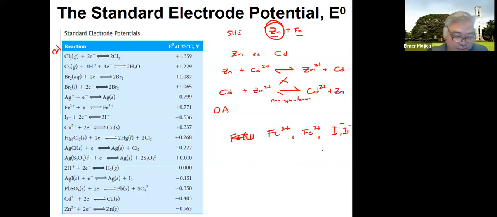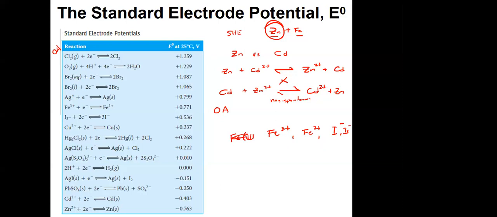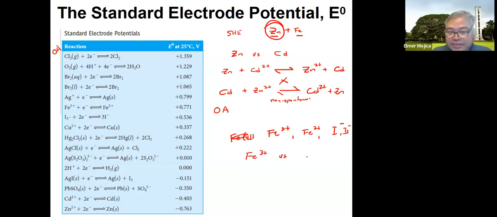So which one is a better oxidizing agent? Fe3 plus po. Let's say if we're going to compare this versus the triiodide.